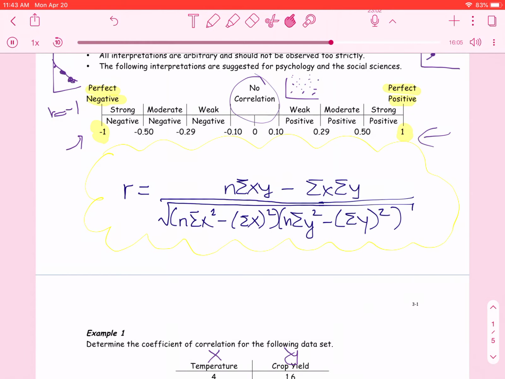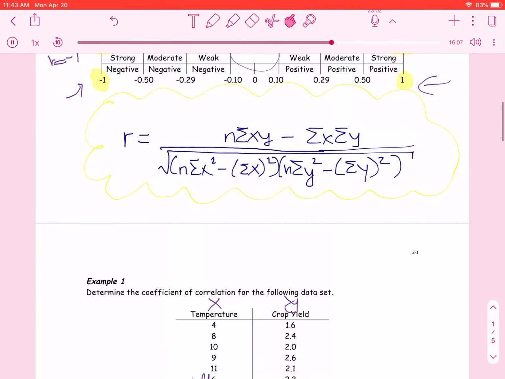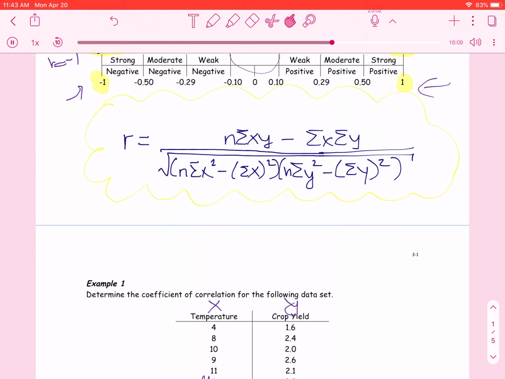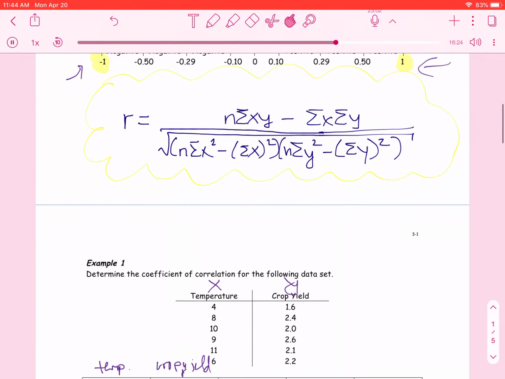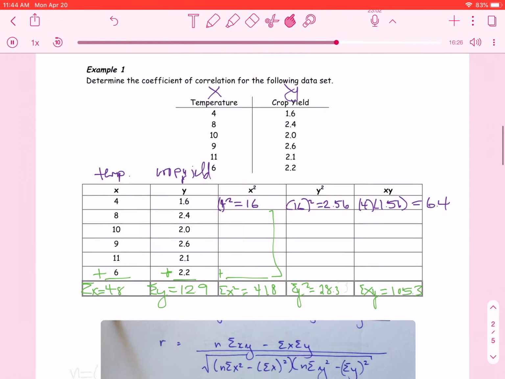So we're going to input the formula here: r equals n times the sum of x times y minus the sum of x times the sum of y, all divided by the square root of n times the sum of x squared minus the sum of x, squared, times n times the sum of y squared minus the sum of y, and then squaring that value, all over the square root as I mentioned.